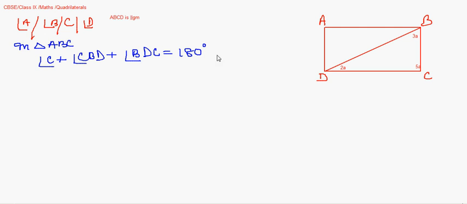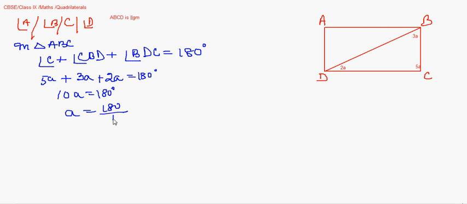That is the angle sum property of a triangle. So we'll substitute the values given. This is given as 5A, CBD is given to be 3A and BCD is given to be 2A. That is equal to 180 degrees, so that makes it 10A equals 180 degrees. So A is equal to 180 by 10, that is 18 degrees.